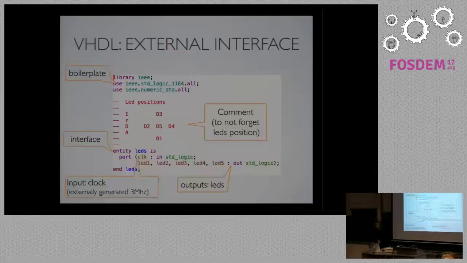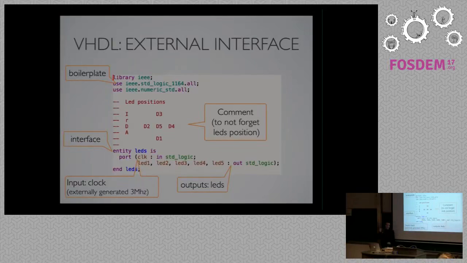So the first example using VHDL. This describes an entity, which describes the interface of the circuit, which means how it will communicate with the environment. There is one input, which is the clock, and on this board, the clock is generated by a circuit on the board, and 5 outputs, which are routed to the 5 LEDs.